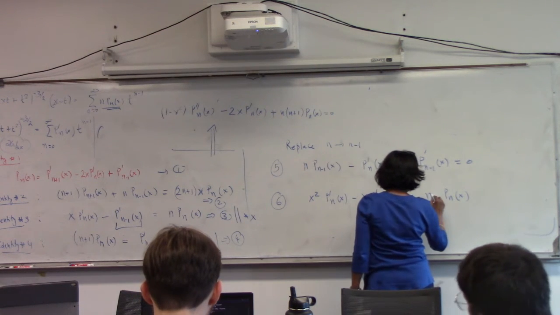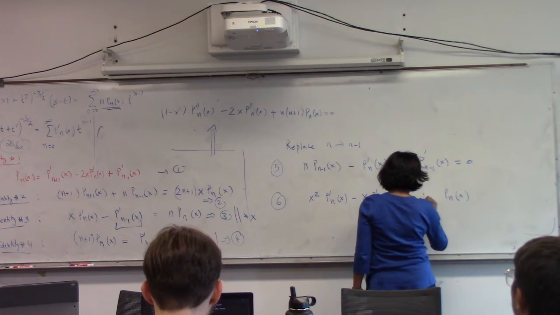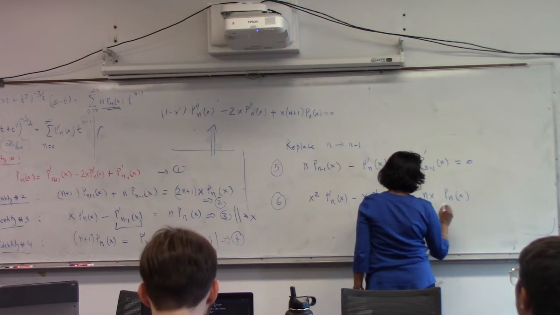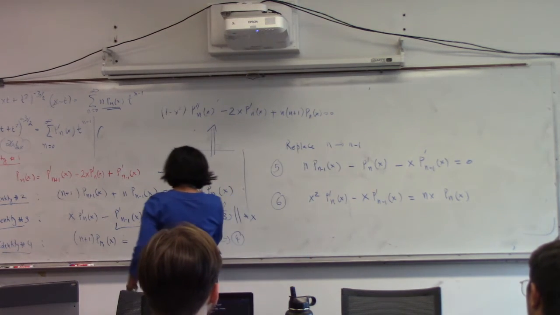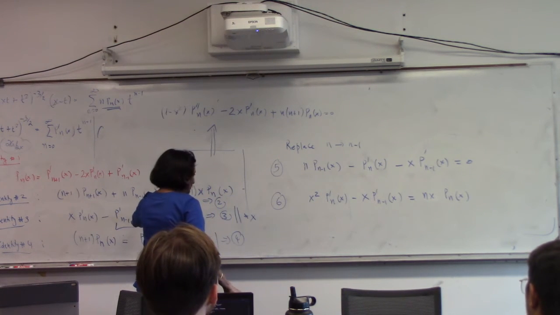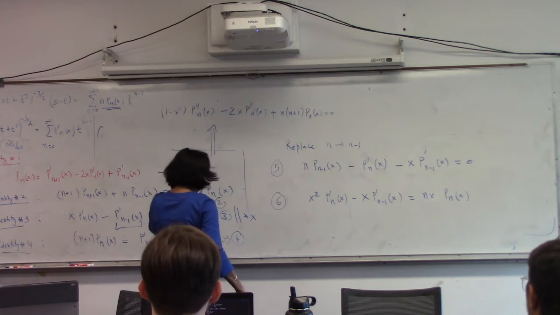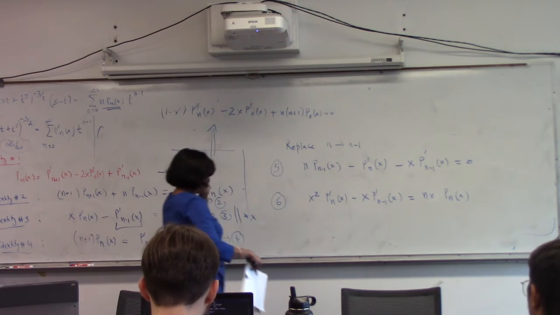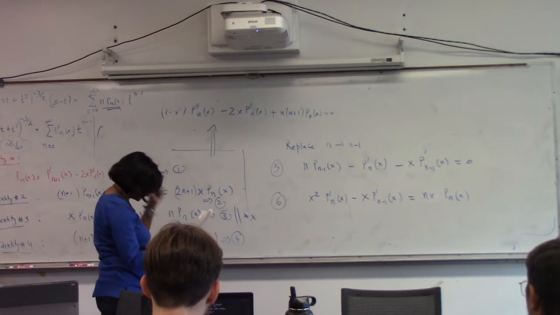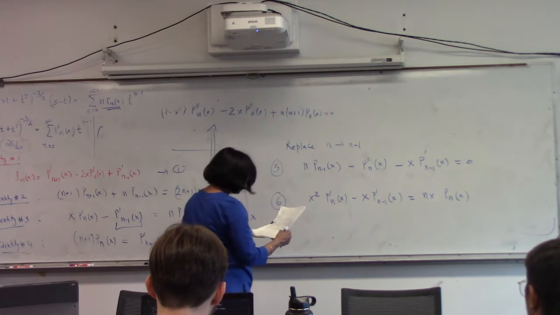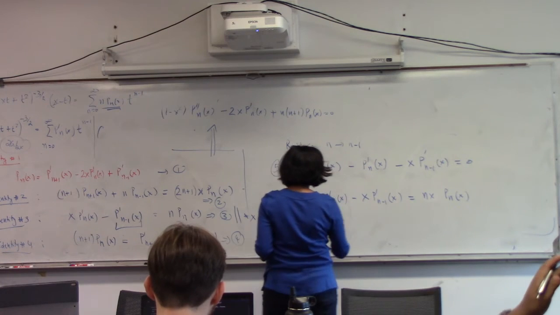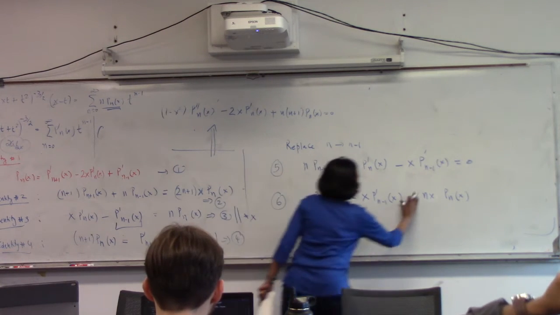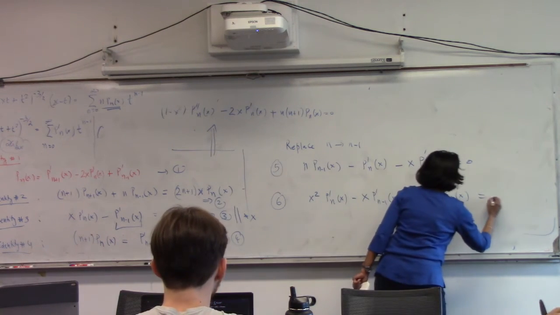This multiplication is actually very good. Multiply by x, so nx Pnx. X squared, x Pn, nx Pnx. All right. So now I'm going to add these two equations and get rid of some of the things. Let me put also a minus here so that they're all the same.